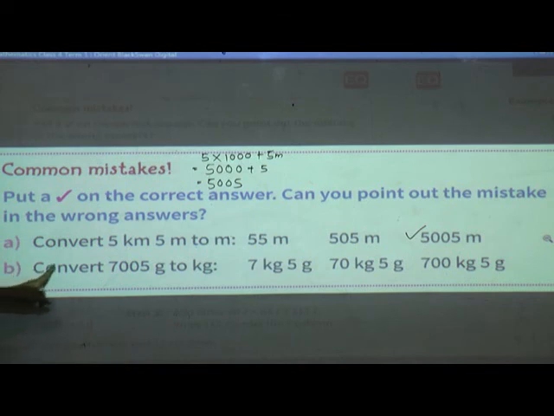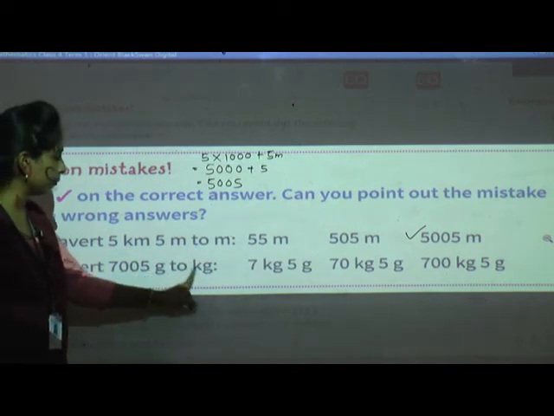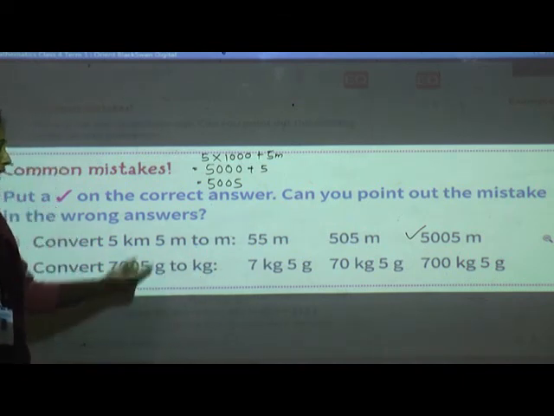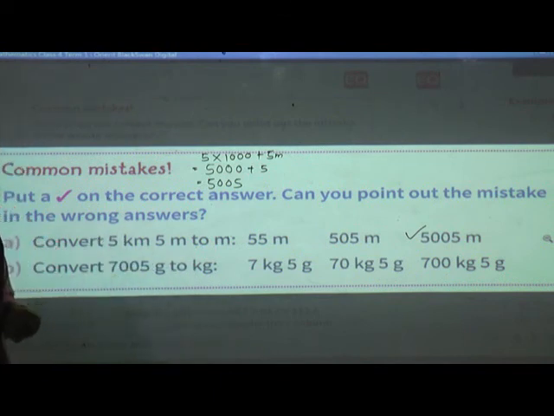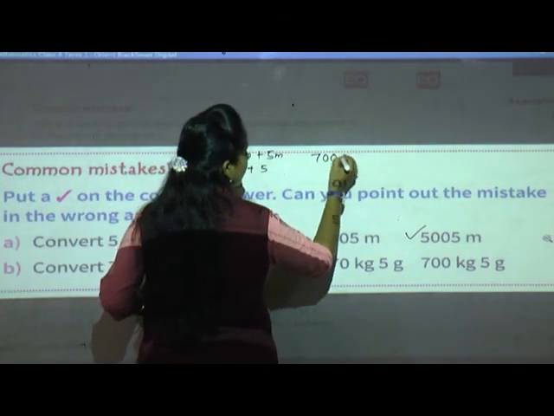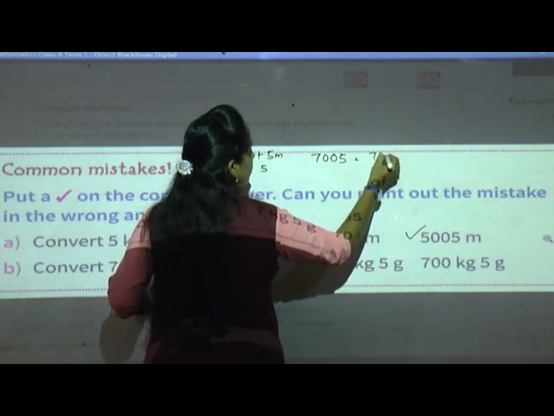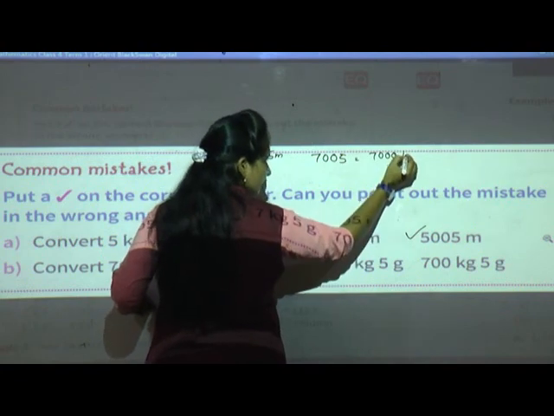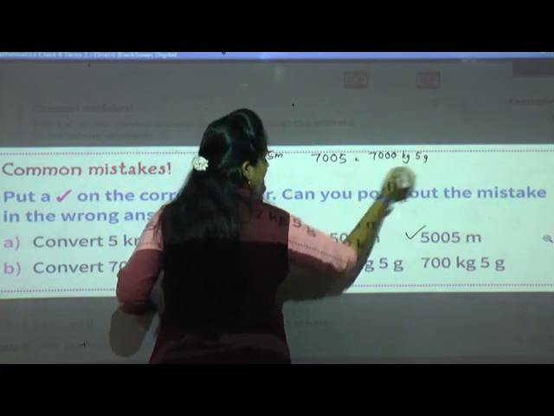Now the next. Convert 7005 gram to kg. Now lower they have given, we have to convert into kg, into higher. So we have to divide. What we have to divide? 7005. First we will separate 7000 gram and 5 gram.